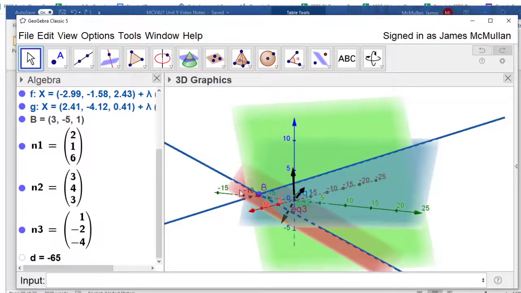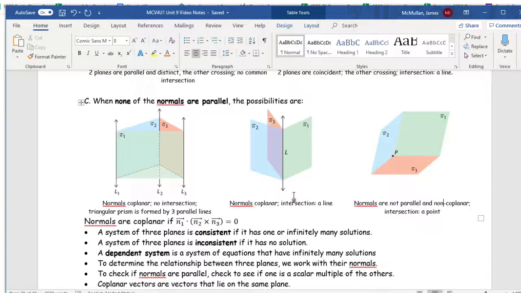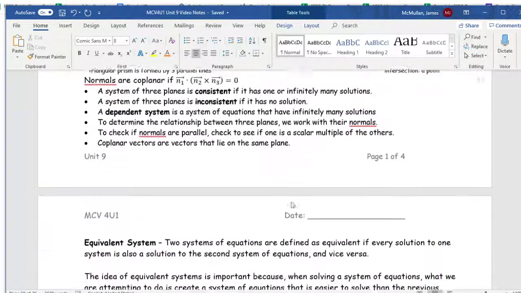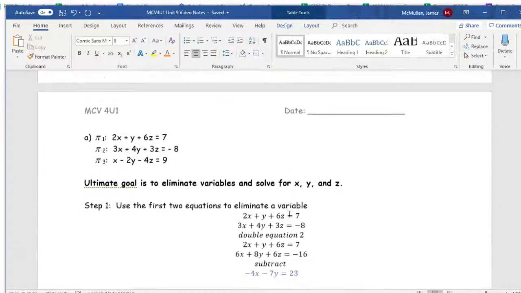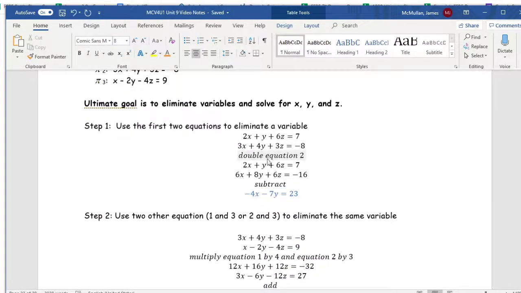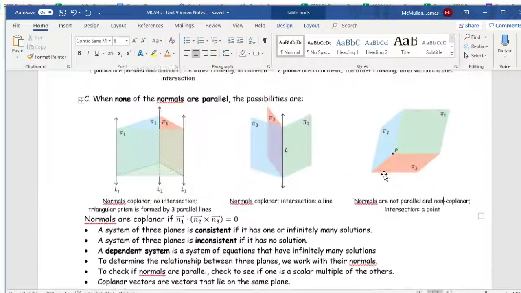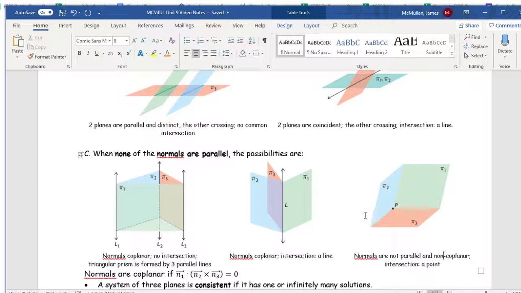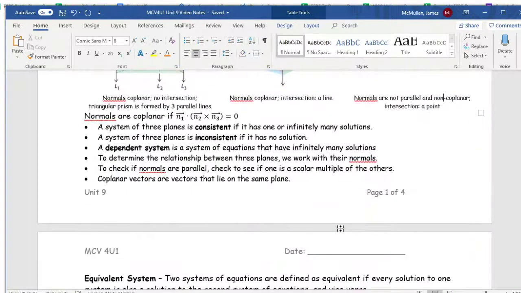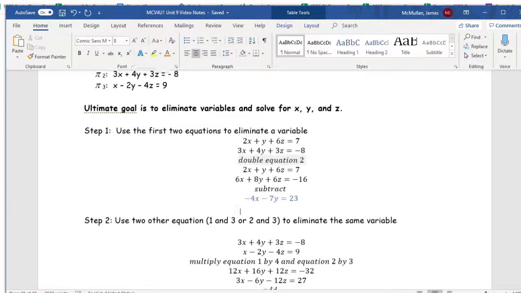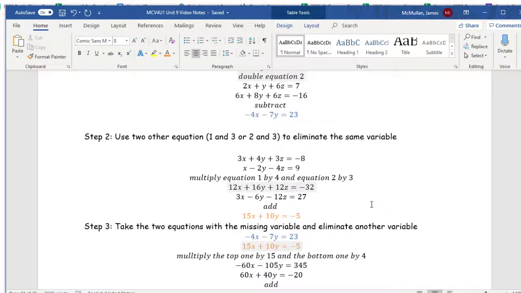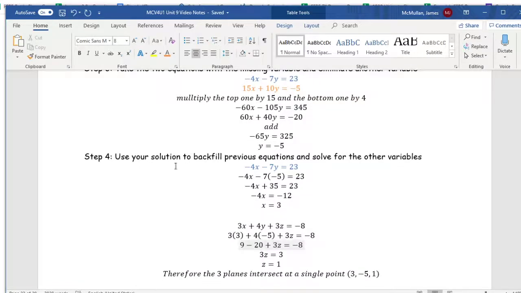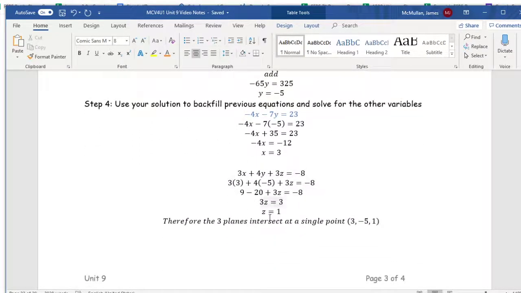If they're not coplanar, they must meet in exactly one point. All right. So that's good. So it turns out that these are probably easiest when they meet in one point. It looks like the trickiest situation, but it's probably actually the easiest to deal with because you use this method of double eliminating, and then eliminating again, and then you don't get your other variables.